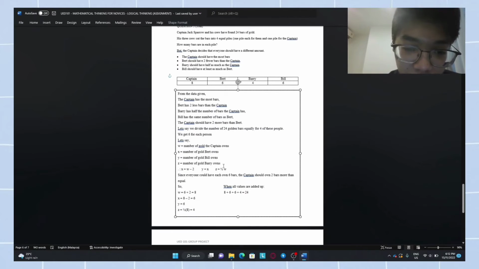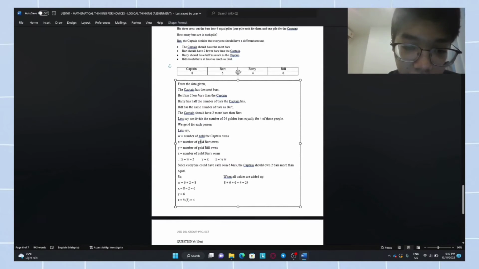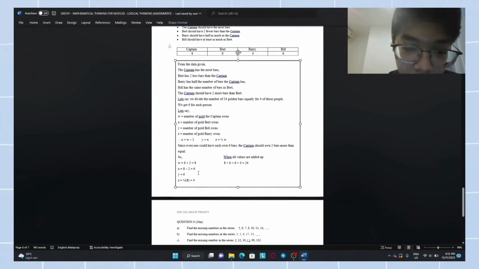So if we actually apply this data to the questions, we can obtain the final answers. So W equals 6 plus 2 equals 8. Why?